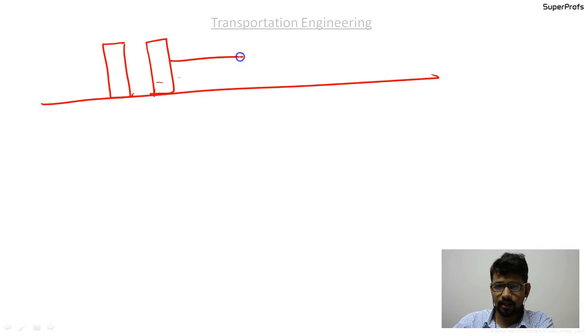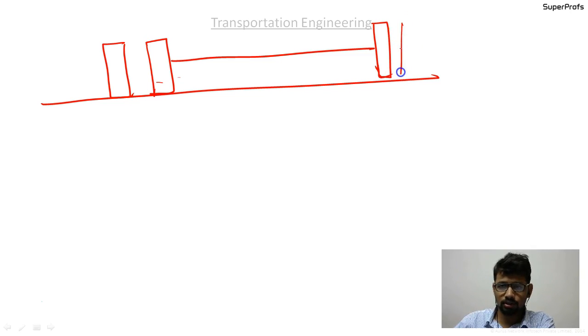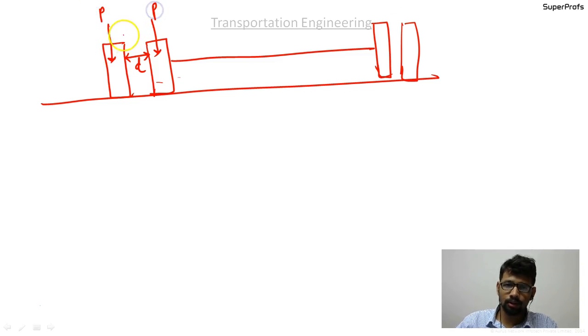There is an axle like this and the same assembly is on this side also. Suppose the clear distance between these two wheels is small d, okay. There will be a load P acting at the center of each of the wheels, and the center to center distance between the two wheels is S, okay. And this is the surface.